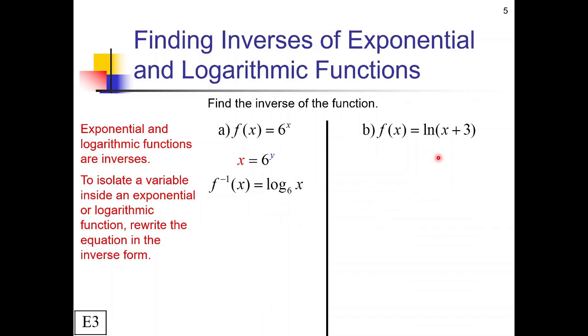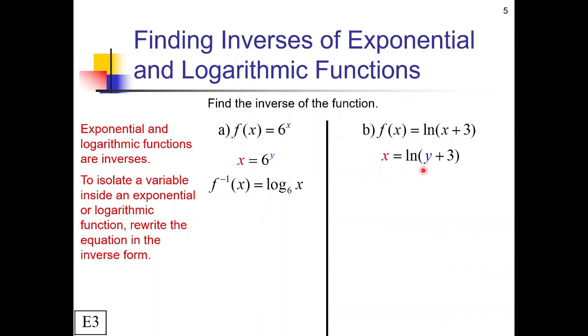Going on to this next one, we swap the x and y, so we have x equals ln of y plus 3. And again, to get rid of this ln, this is really just log base e. We have to put this in that other exponential form that we have over here.